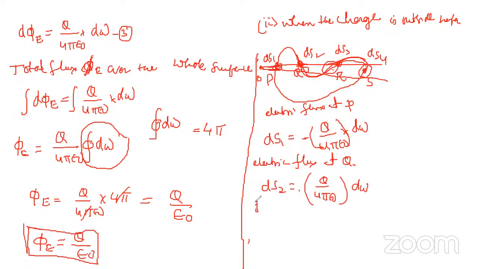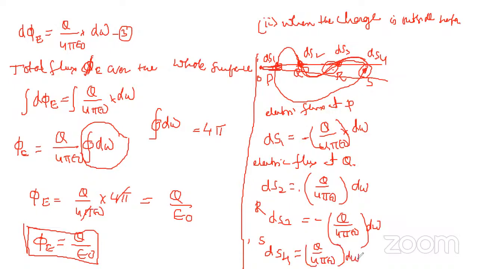Similarly, at the point R it will be dS3, and again at this point they are entering the surface, so it is equal to minus Q by 4 pi epsilon naught into d omega. Similarly, at the point S, where the lines are moving away from the surface and not entering, dS4 will be equal to Q by 4 pi epsilon naught into d omega.